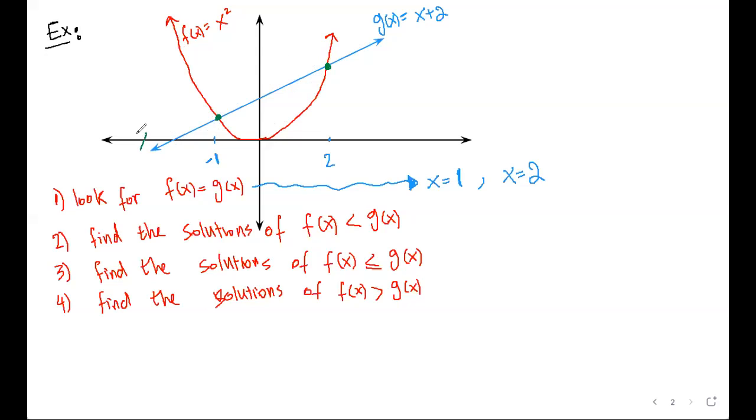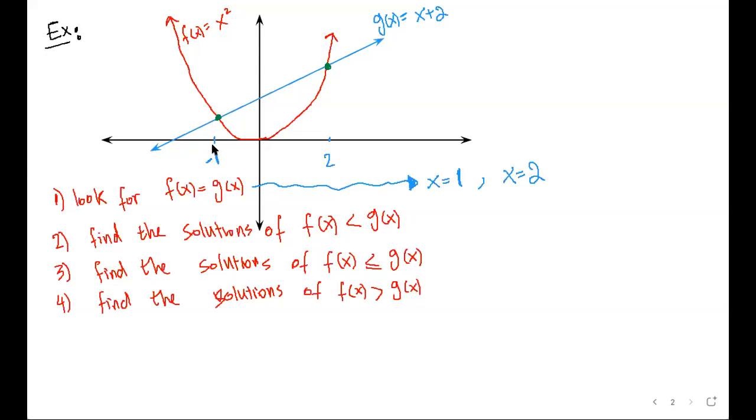So this is not what I'm looking for. But if we keep moving along the x axis until this point, x equals -1, I see that g of x is equal to f of x. But here they ask when g of x is above f of x.